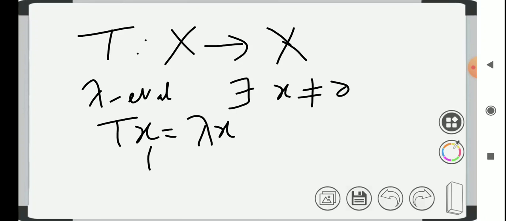Remember, this x vector should be non-zero.